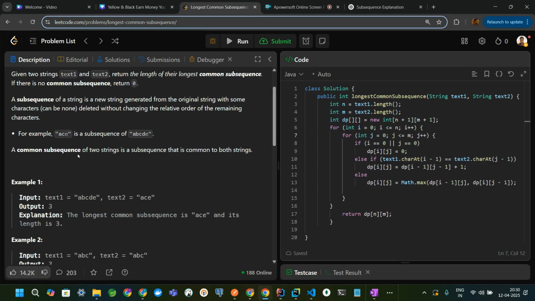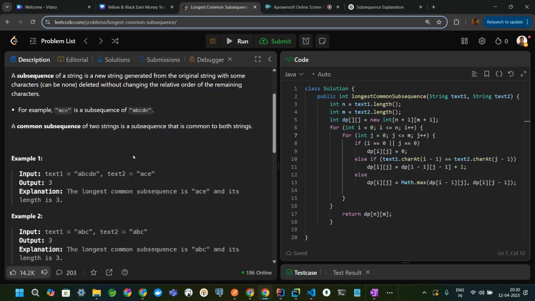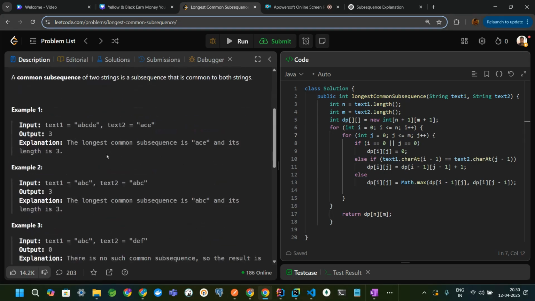So a common subsequence of two strings is a subsequence that is common to both strings. You can see the example ABCDE and ACE. Here the longest common subsequence is ACE. So here A and C and E is a subsequence in this text, and here ACE is the same, and this is the longest common subsequence.